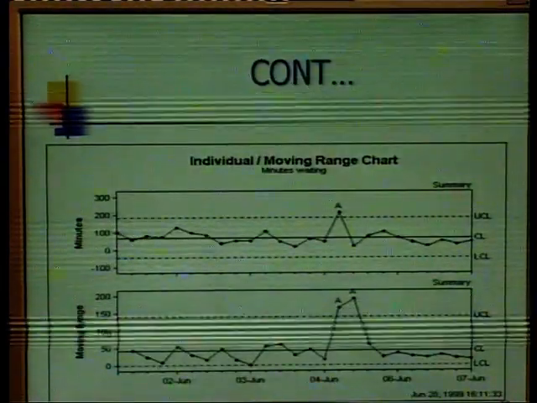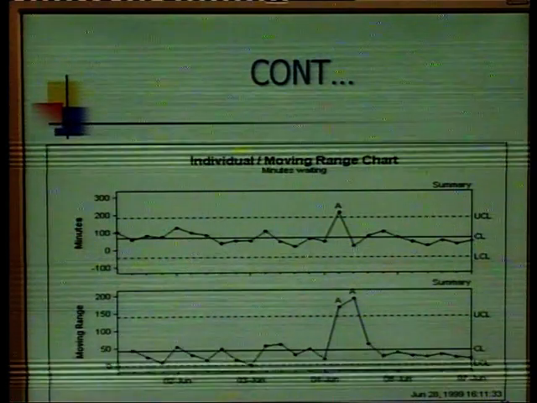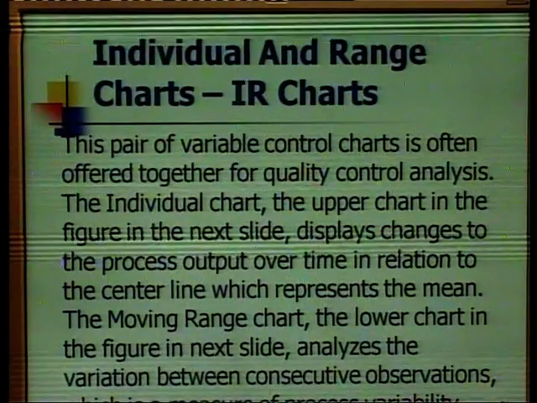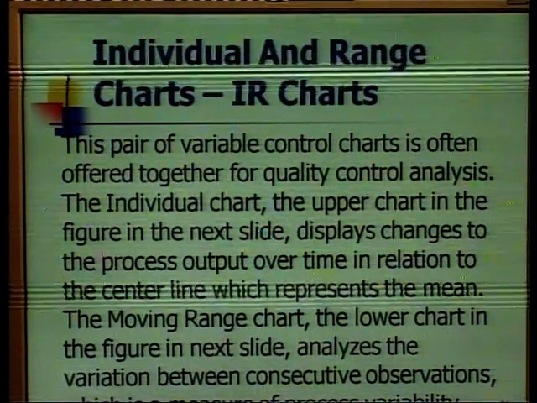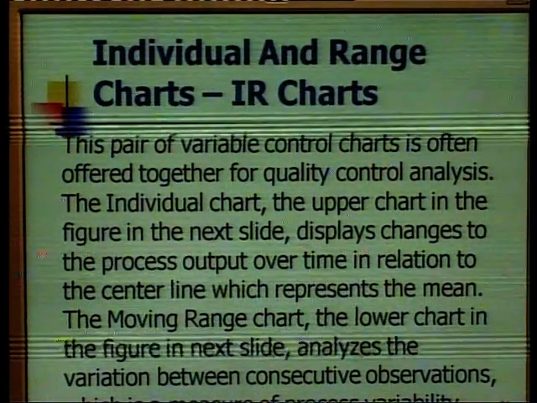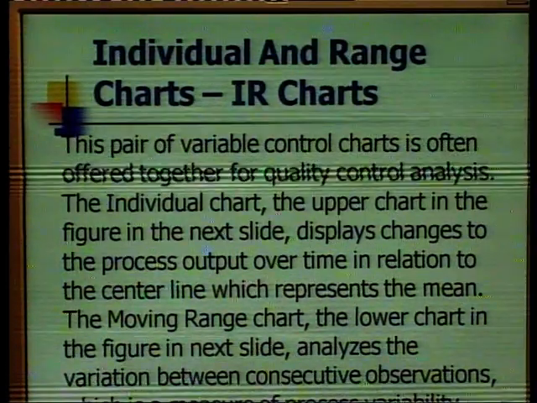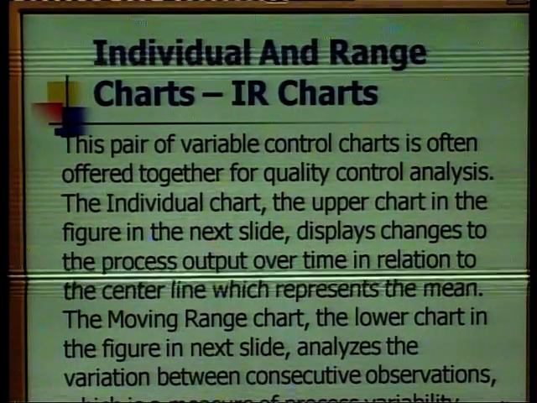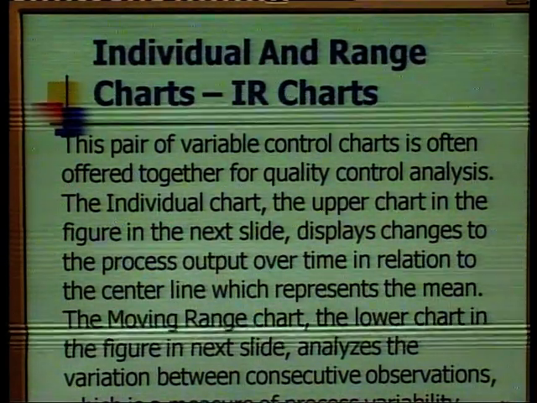So, the top one is the individual chart, and the second is the moving range chart, which is the lower chart in the figure on the next slide. It analyzes the variation between consecutive observations, which is a measure of process variability.